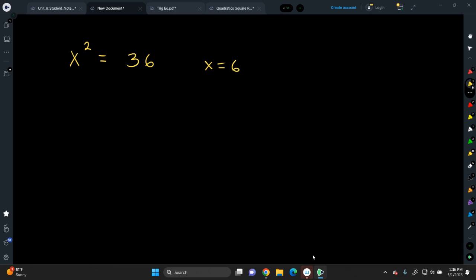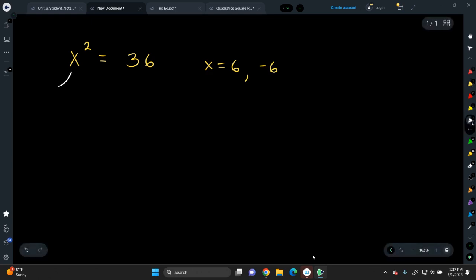Is there anything else that we can multiply by itself to equal 36? 1 times 36? 18 times 2? How about negative 6? Is negative 6 times negative 6 equal 36? Sure.